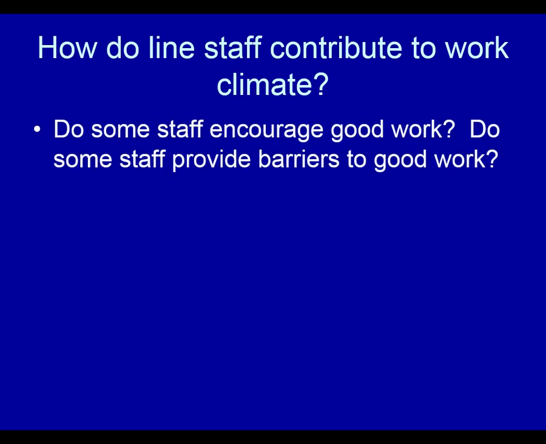Do some staff provide barriers to good work? There's a famous study, the Hawthorne experiment, where it was found that when you were being paid by the rate of your production, if a person got to doing it too well, they made more money, but they also demonstrated that it was a job that could be done faster.